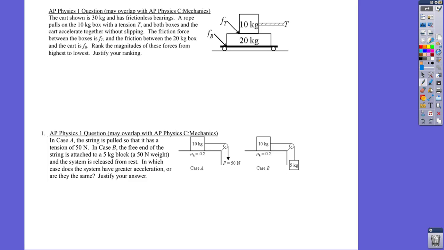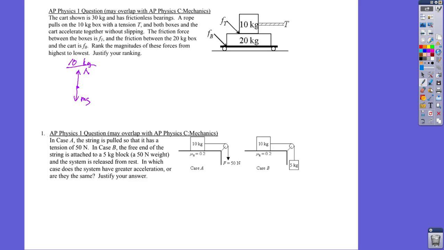So for that 10 kilogram box, you've got the weight force mg, and I'm just going to call that mg because the mass actually doesn't matter a whole lot.